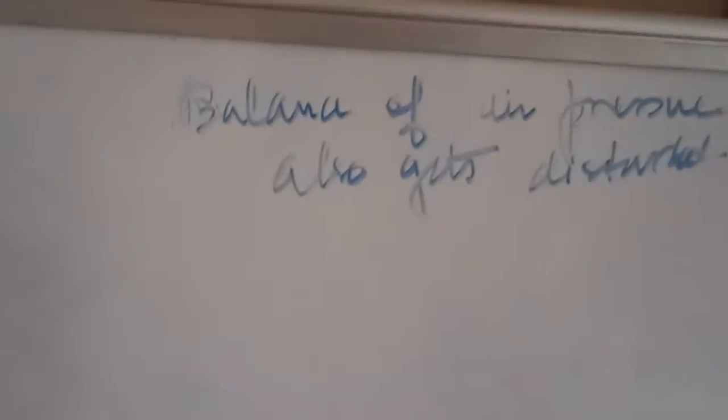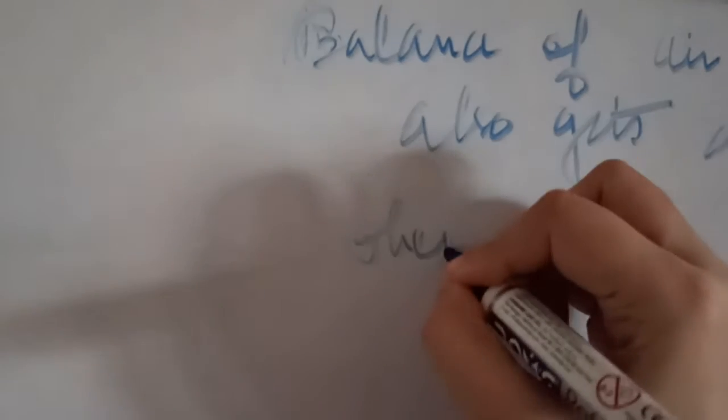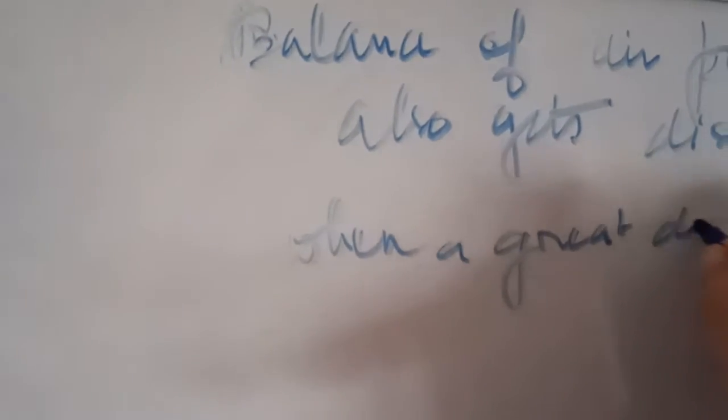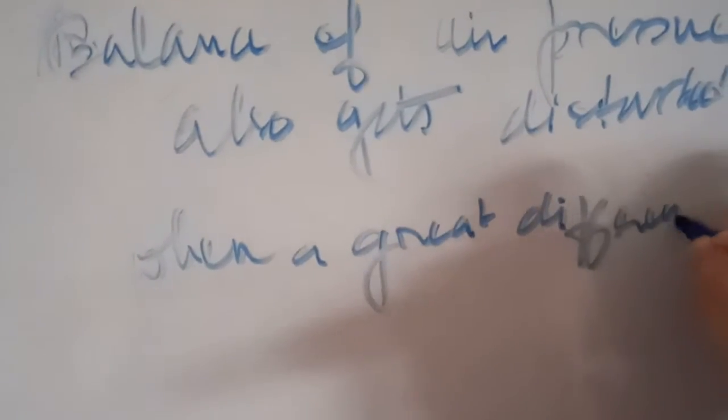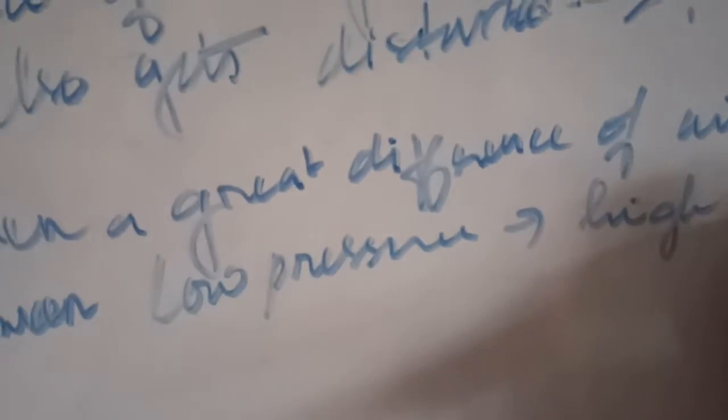Okay, in which way does it occur? When a great difference of air pressure occurs between the low pressure zone and the high pressure zone, then in order to maintain the balance, what happens?